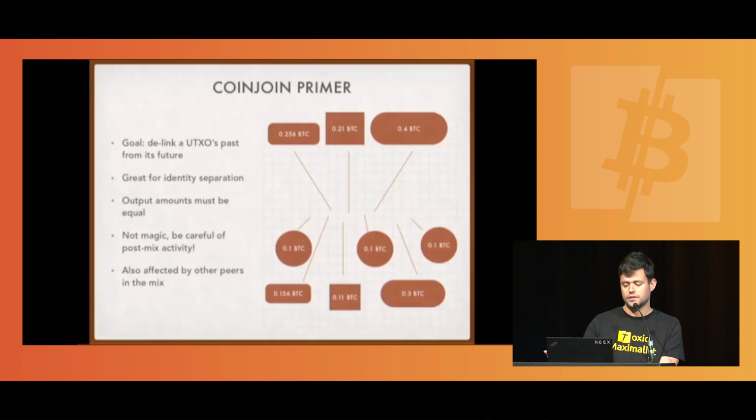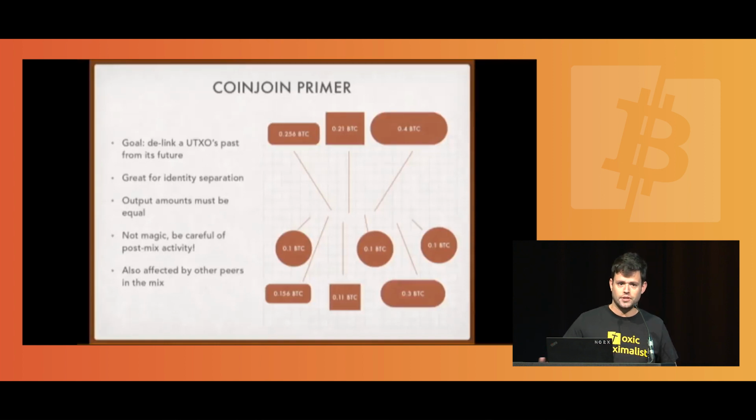Below, we have 3 equal output amounts of 0.1 Bitcoin in this case, and they all look the same. They're all circles, they look exactly the same, you can't know which belongs to whom. And below them you have 3 change outputs that are what's left from the inputs after they've been COINJOINed. So this is what a standard COINJOIN transaction would look like.